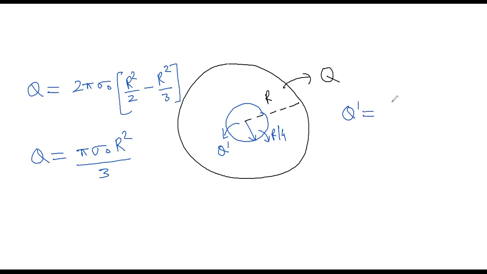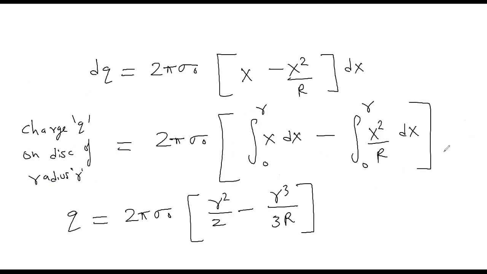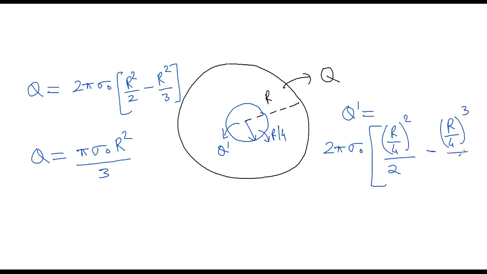whereas Q dash will be 2 pi sigma naught ((R by 4) square by 2 minus (R by 4) cube upon 3R).